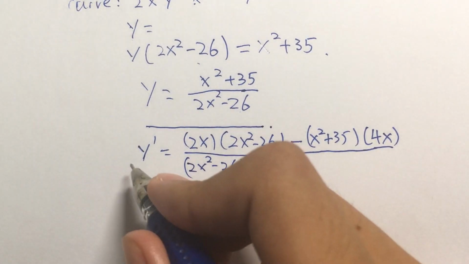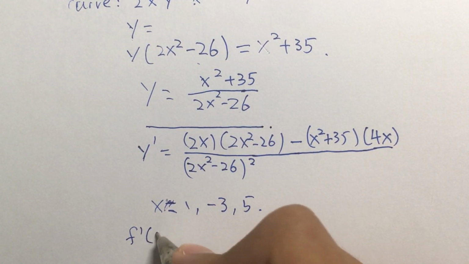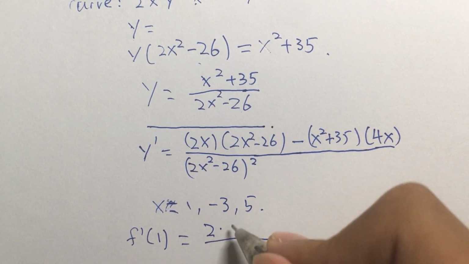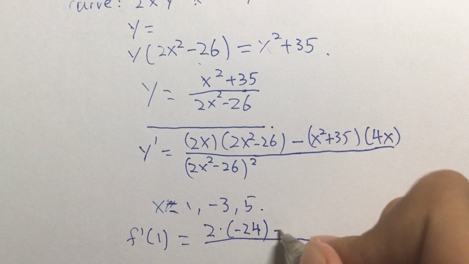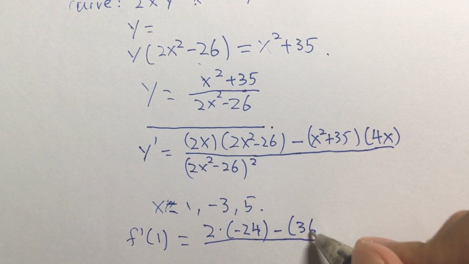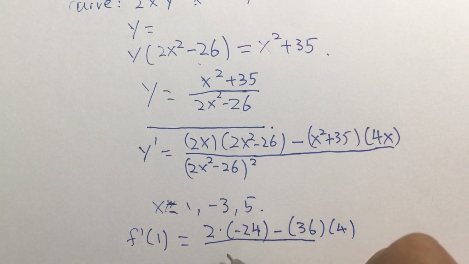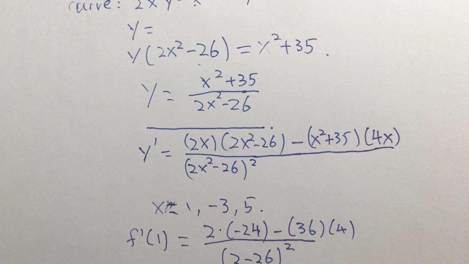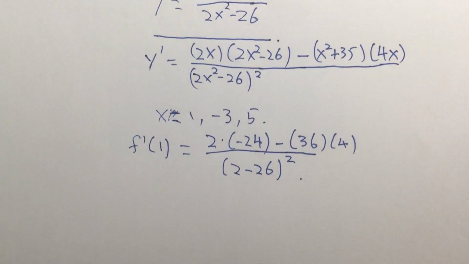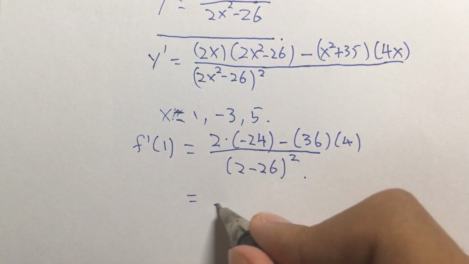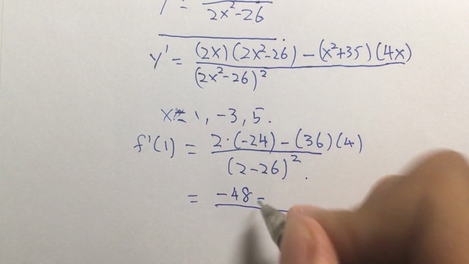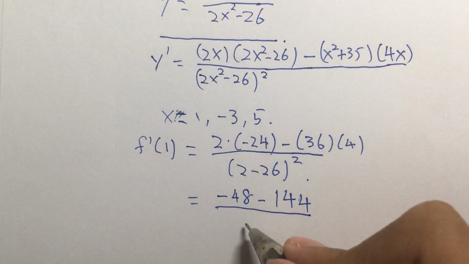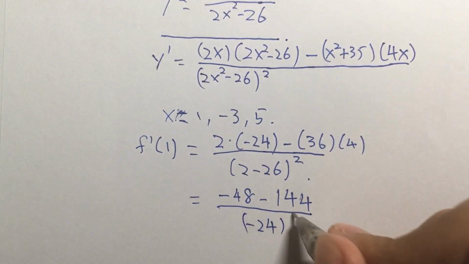So now let's assume y equals f of x. So f dash 1 equals 2 times negative 24 minus 36 times 4 over 2 minus 26 bracket squared. And let's simplify this, which is negative 48 minus 144 over negative 24 bracket squared.